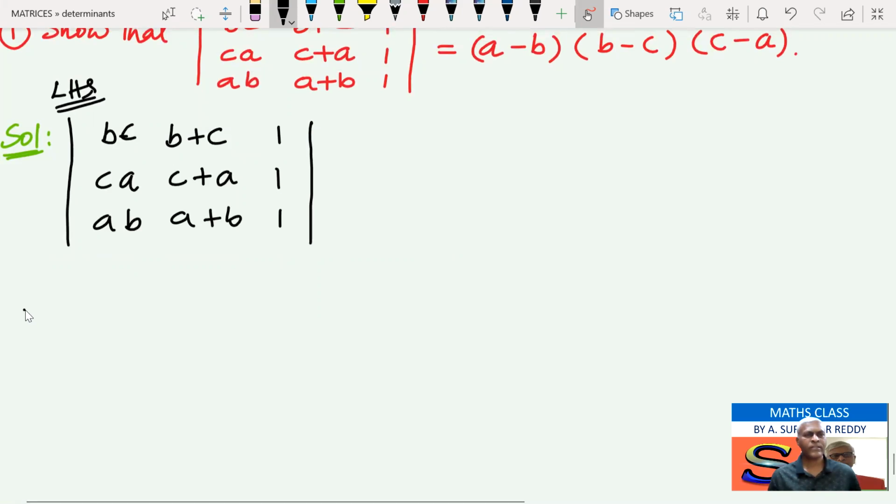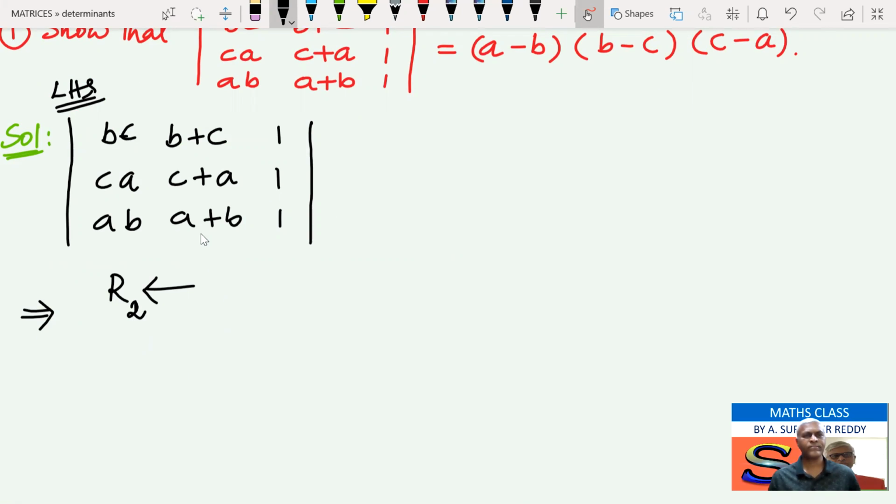So in the next step, we have to show (a minus b)(b minus c)(c minus a). Now let us use transformations. So we are going to change the second row, R2.